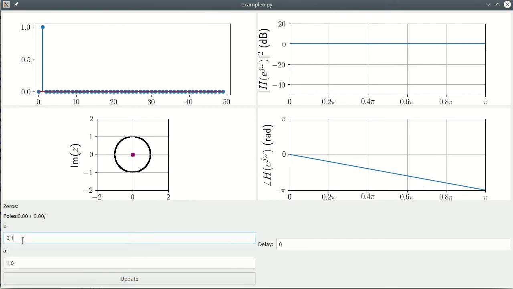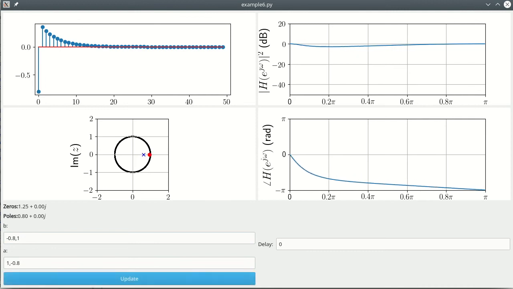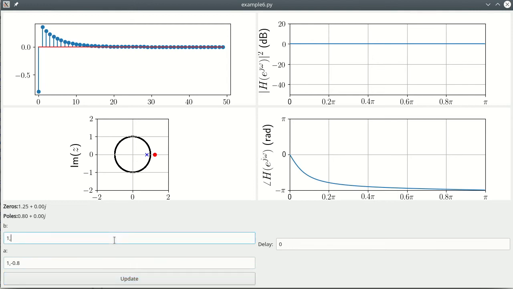But if you do something like this, let's say minus 0.8, 1, minus 0.8, this is going to cause different delay. Here, the group delay, which is the negative of the slope, is much higher for smaller frequencies than for larger frequencies. Let's take our 1 plus half z inverse also.